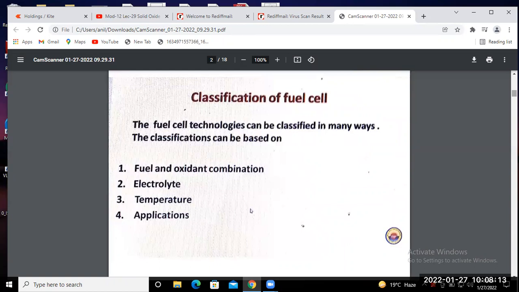So these are the four classifications. For temperature, what are the various categories? Low temperature, medium temperature, high temperature and very high temperature. We try to see here one by one.